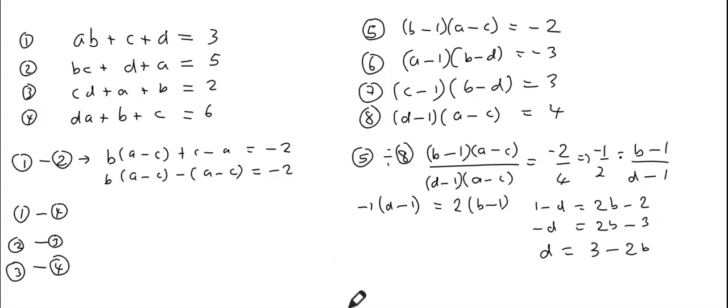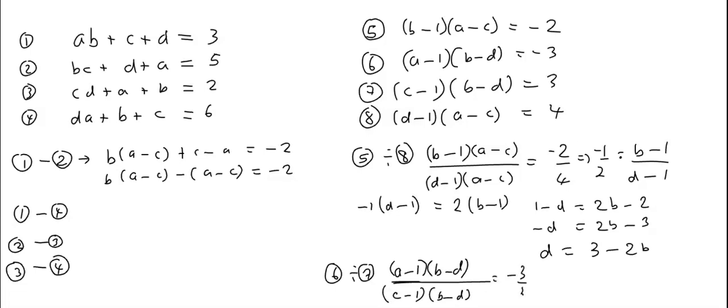And if we look at 6 and 7, if we do 6 divided by 7, we find that A minus 1 over C minus 1 equals B minus D over B minus D, which is equal to minus 1.